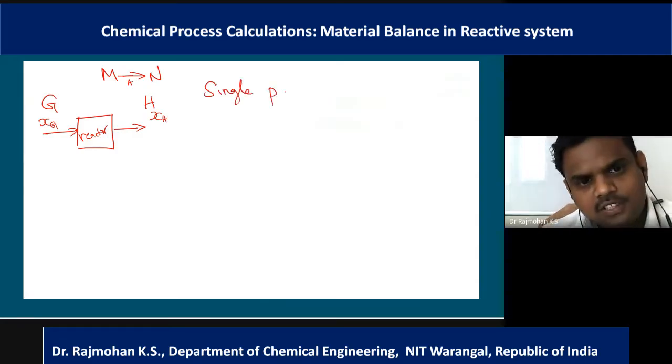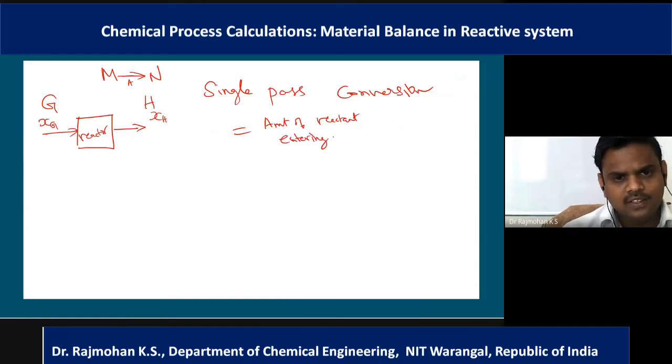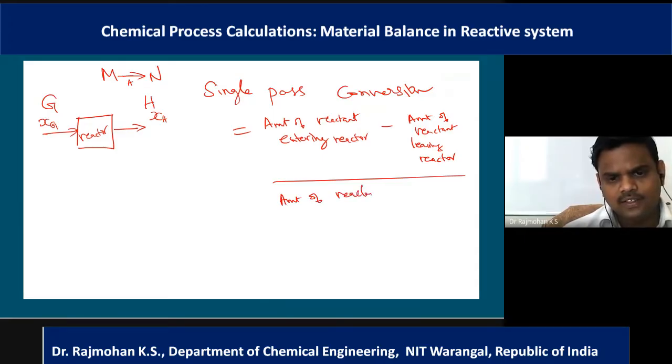Single pass conversion is equal to what is entering, G into XG. I'll write the definition: amount of reactant entering the reactor minus amount of reactant leaving the reactor, divided by amount of reactant entering the reactor.